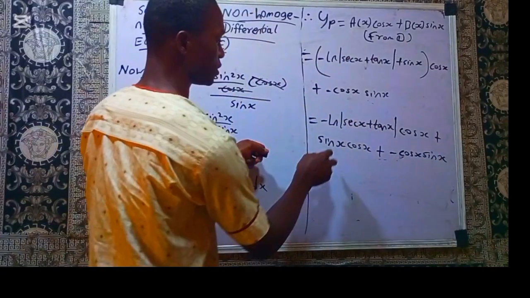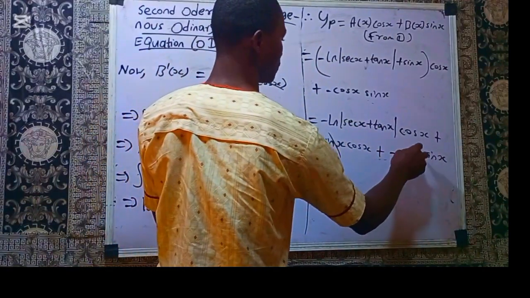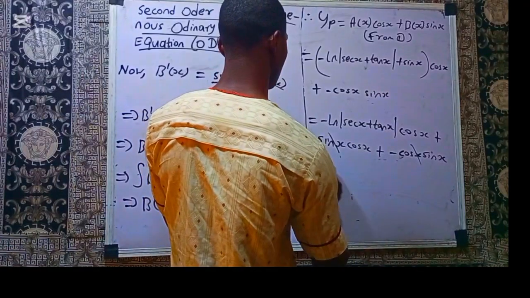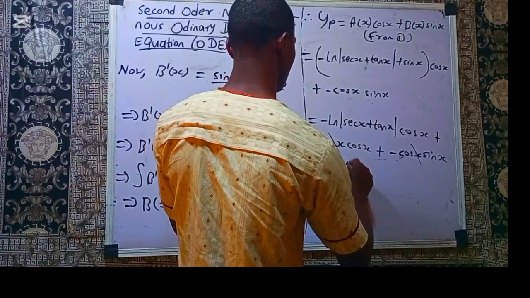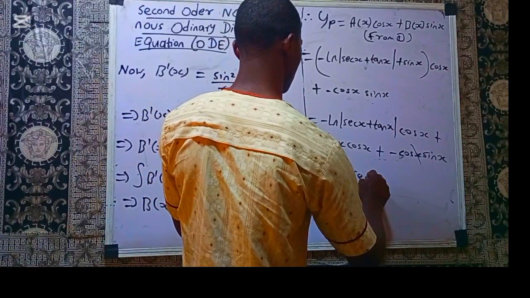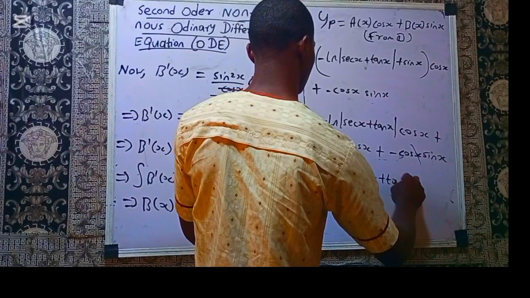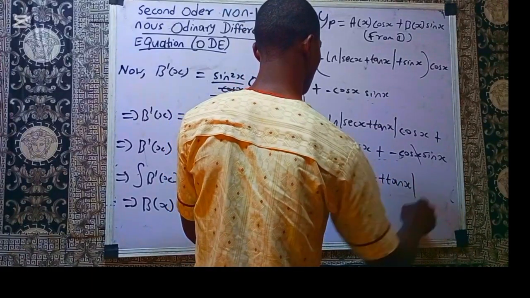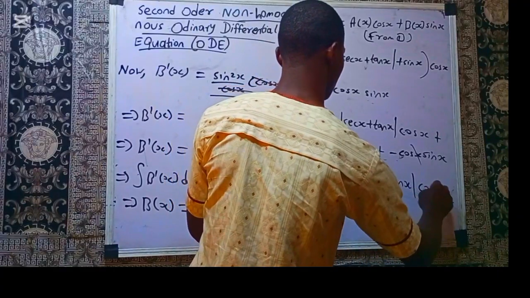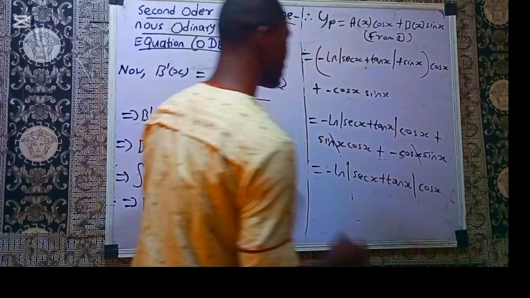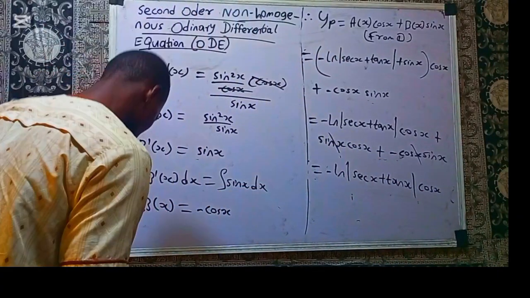So this will get cancelled with this. This will be equal to negative ln absolute value of sec x plus tan x multiplying cos x. So this is my particular solution.